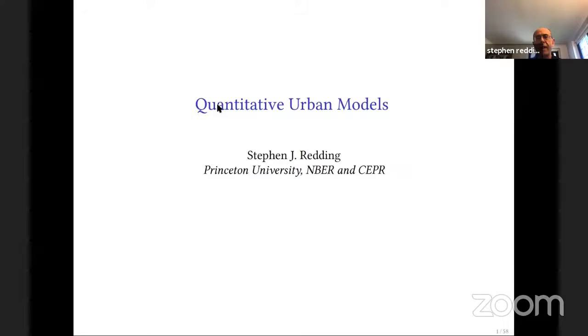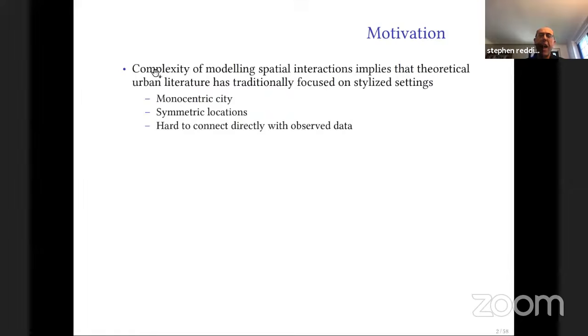What I wanted to do today is talk about quantitative urban models and place them in the context of some of the earlier material covered in previous lectures. If you think about urban economics in general, the complexity of modeling spatial interactions between agents means that traditionally the urban literature, from a theoretical point of view, has focused on highly stylized settings.